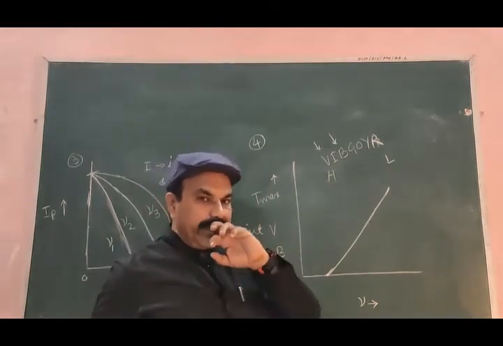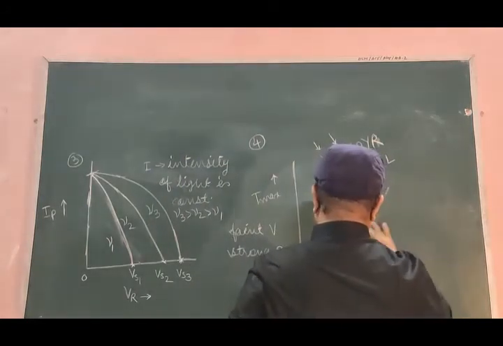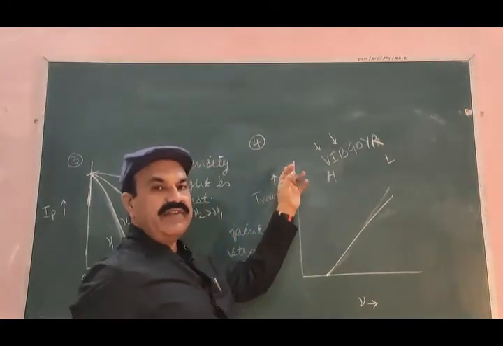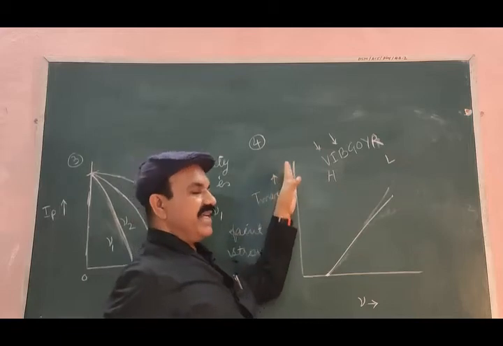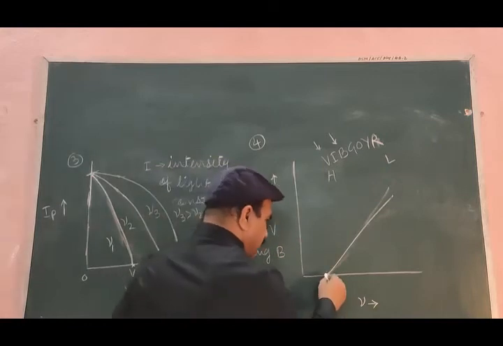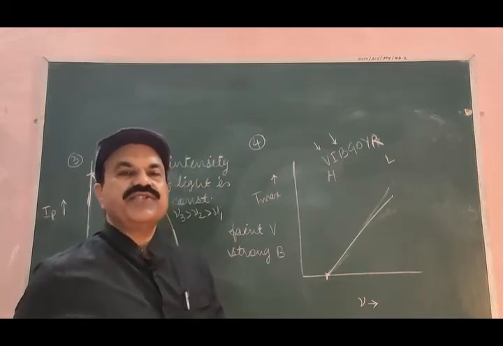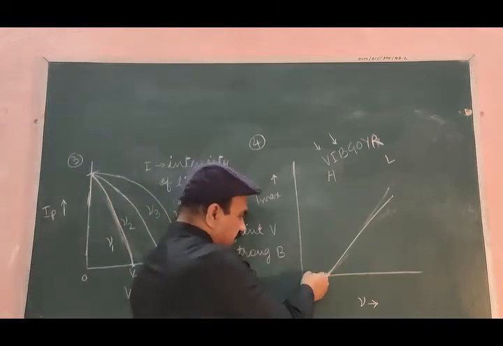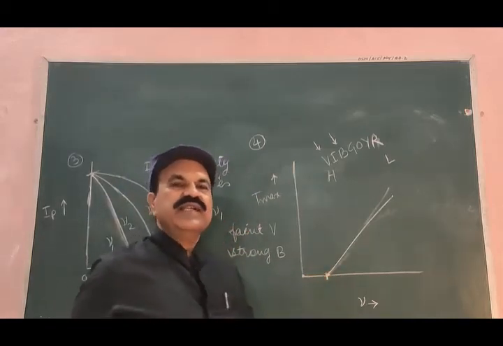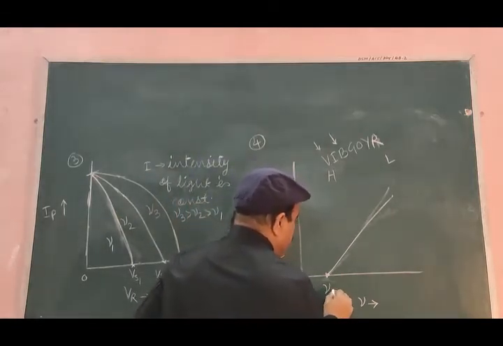What we find here is a straight line: the graph between maximum kinetic energy on the y-axis and frequency nu on the x-axis is a straight line. Up to this value of frequency, there is no emission of photoelectrons because the corresponding kinetic energy is 0, and this frequency is known as nu 0.